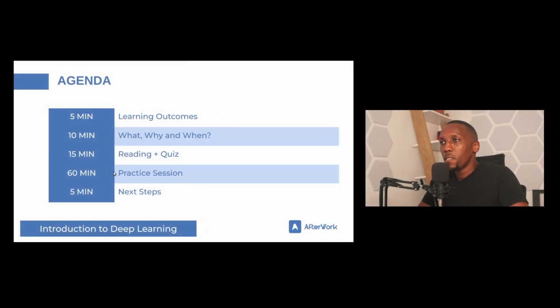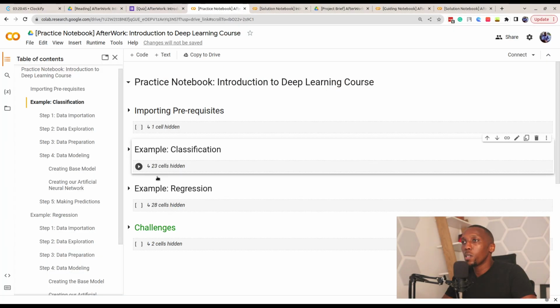Additionally, we will also have this particular quiz, which you will be required to complete as part of that particular section. After that, we'll go into our practice work, and this will entail going through a notebook that will contain practical examples as well as challenges that you can work on in order to implement those concepts that you will have learned in relation to deep learning.